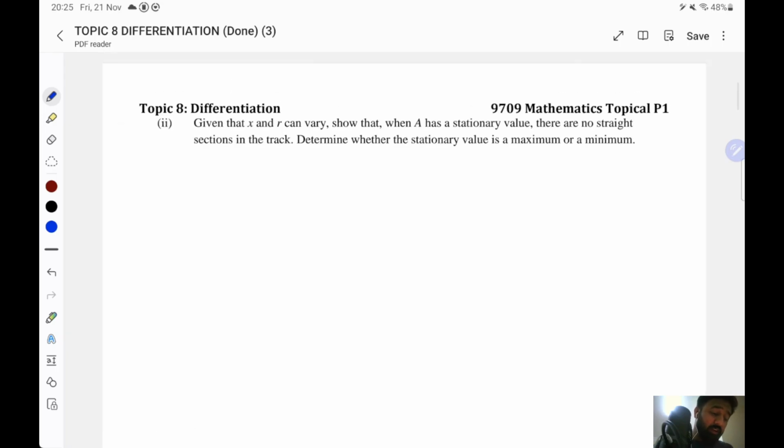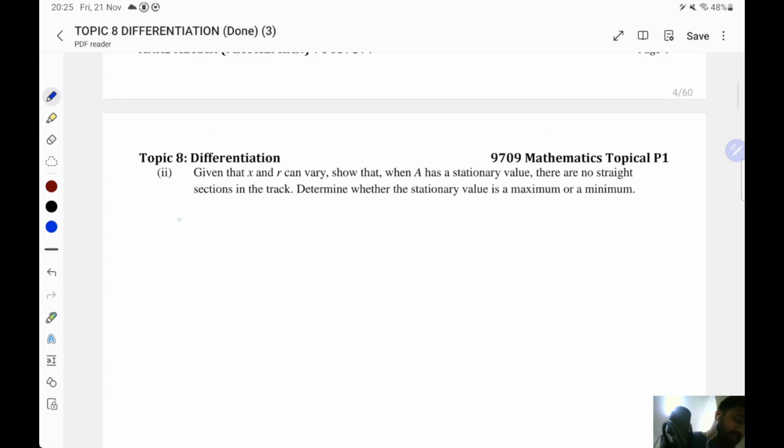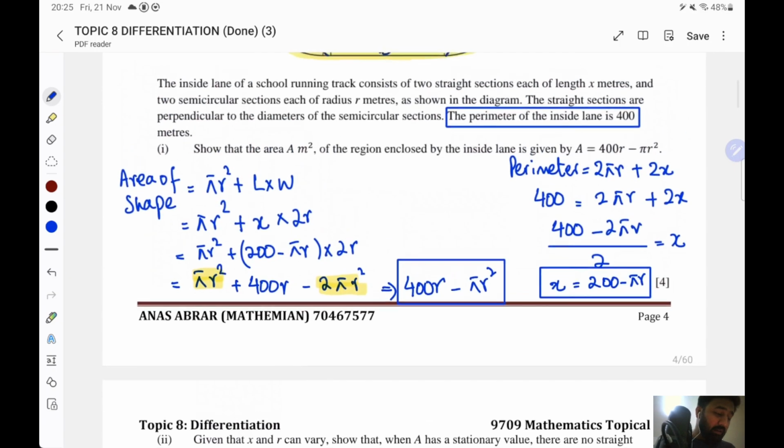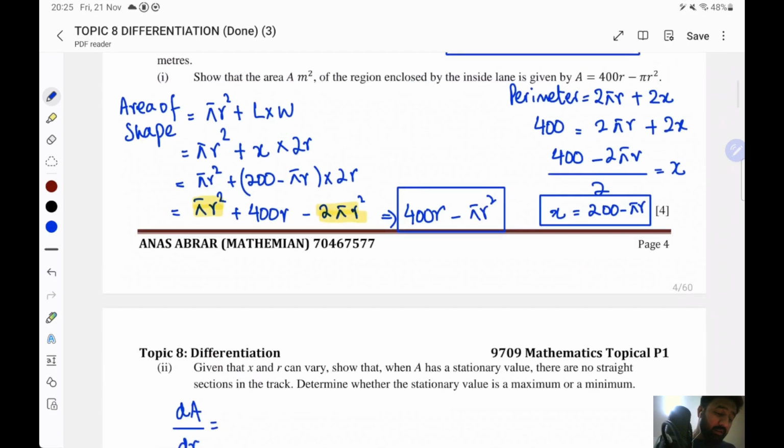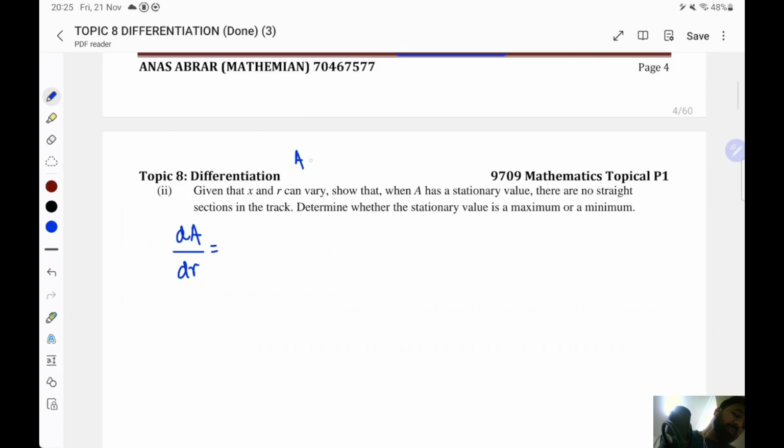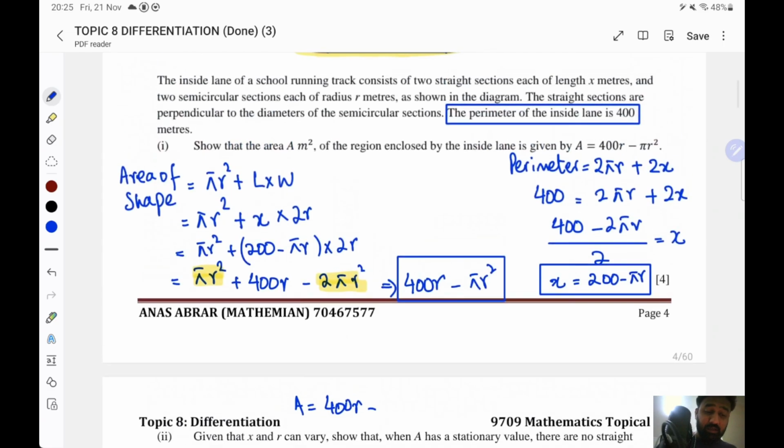Determine whether the stationary value is a maximum or a minimum. So we basically need to have dA divided by dr, and we have A already given in the previous part. Let me write the formula, which is 400r minus pi r square.